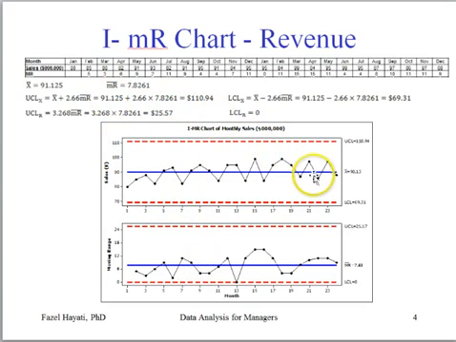Again, this process is in statistical control and it's predictable. The monthly revenue averages about 90, and it varies somewhere between 70 to $111 million. You can say that this process is predictable, and that prediction can be used as the basis of forecasting.